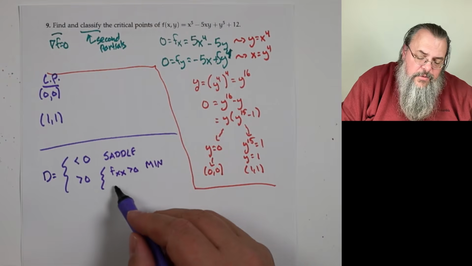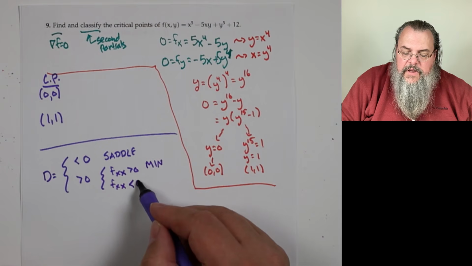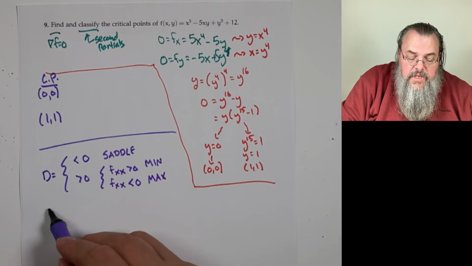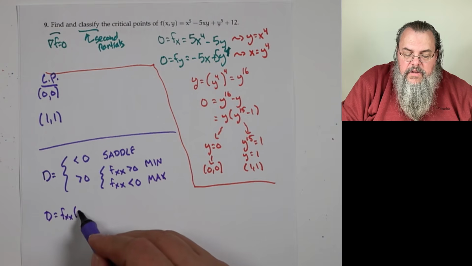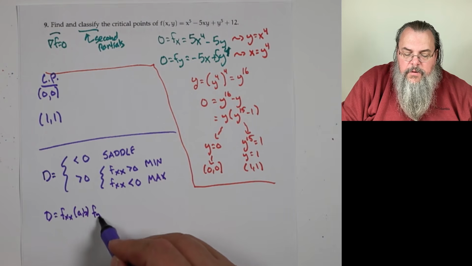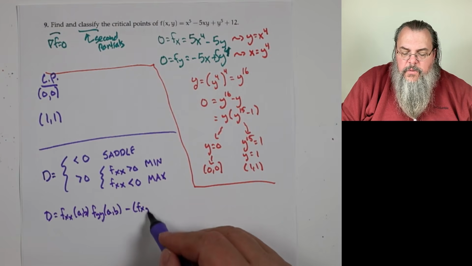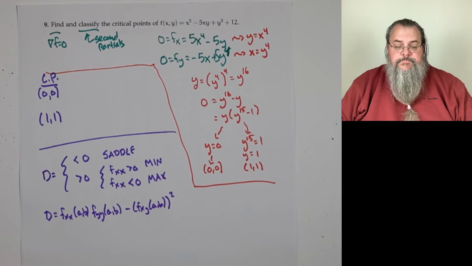And you can say local min, but we're not going to go into that fine of details. If fxx is negative, it's a max. What is this value of d? D is computed by fxx at (a, b) times fyy at (a, b) minus fxy at (a, b) quantity squared.